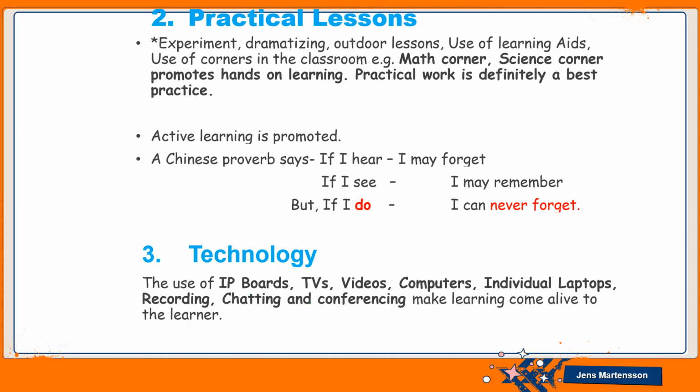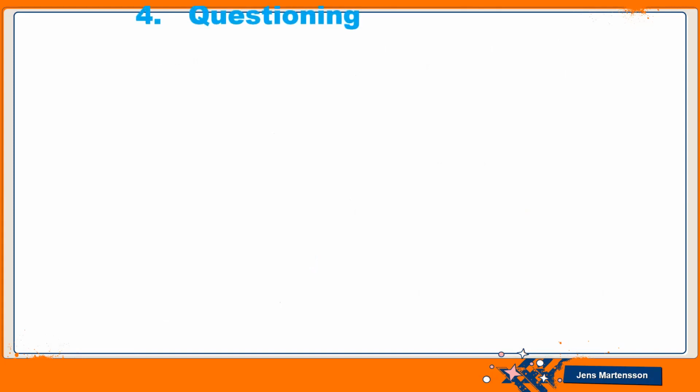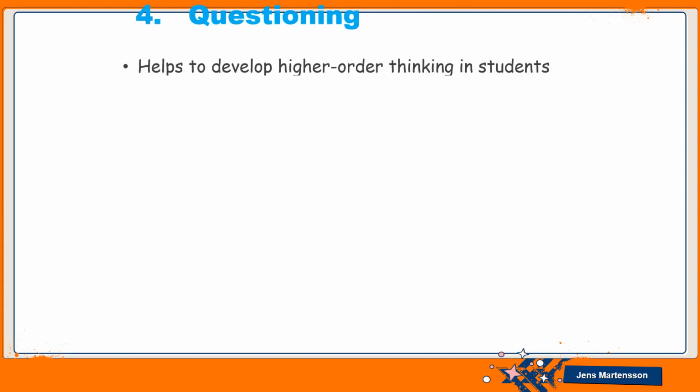I have talked earlier about Bloom's taxonomy. That's the theory of questioning, the order of thinking. Next slide. The questioning method helps to develop higher order thinking in our students.